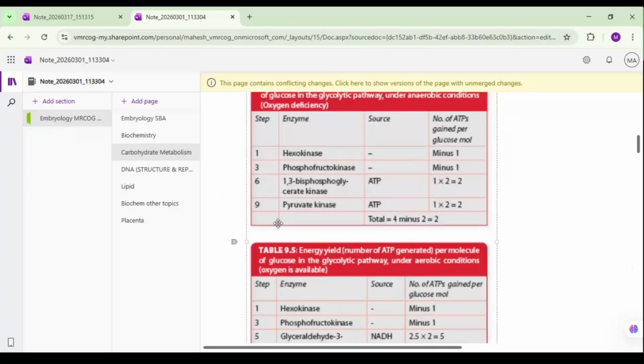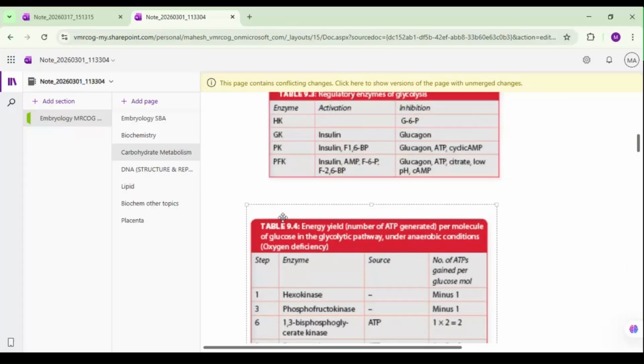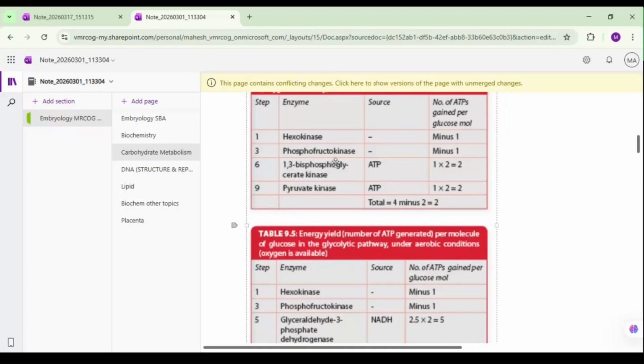So this flow chart, step 1, concentrate here, step 1 and step 3, one ATP is getting utilized, one ATP is getting utilized. Now step 6 and step 9, one ATP is getting formed, one ATP is getting formed. However, there are two molecules. So two ATPs in step 6 and two ATPs in step 9.